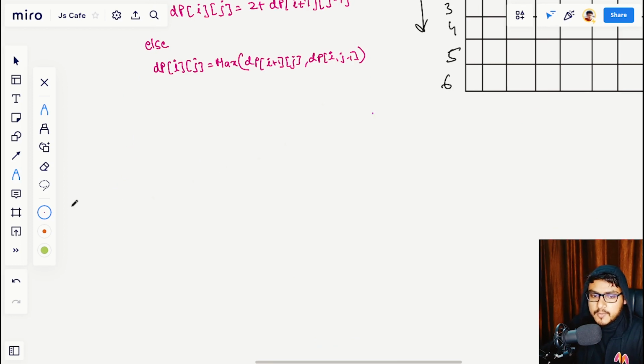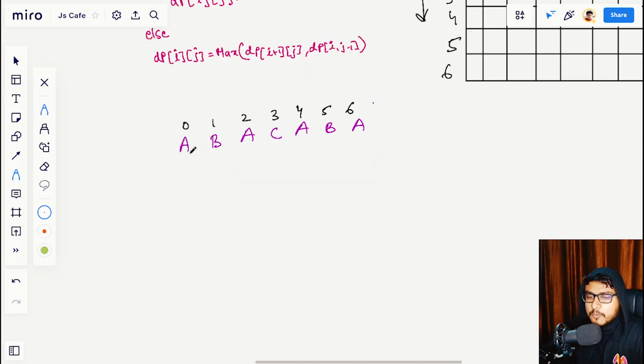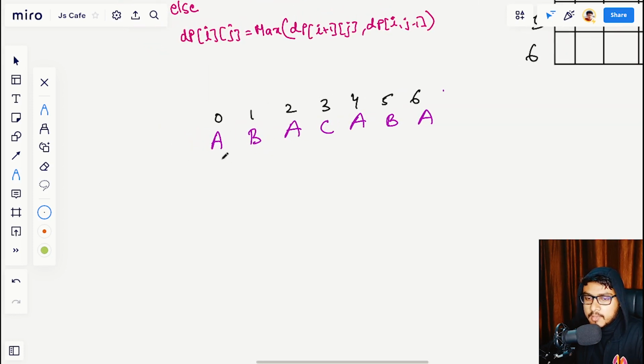So let's suppose we are having a string A. If I ask you what would be the longest palindromic subsequence if we only consider one character at a time, obviously the answer is 1. What I mean by that is, if our subsequence is of length 1, then at length 1 the maximum possible palindrome would be A itself, which is of length 1.